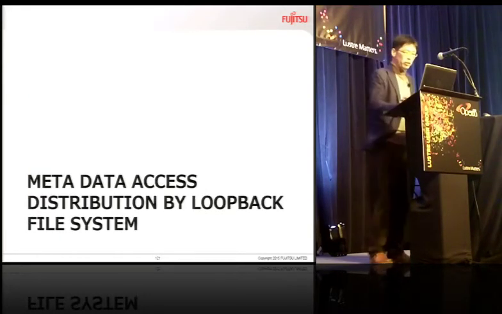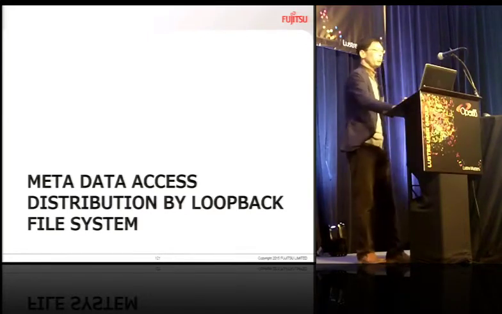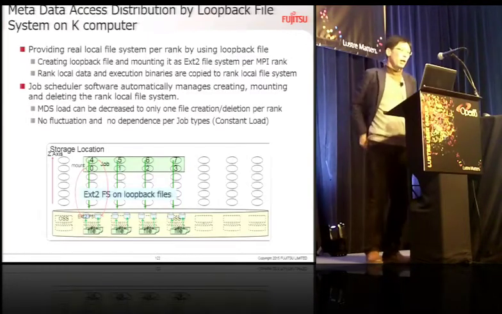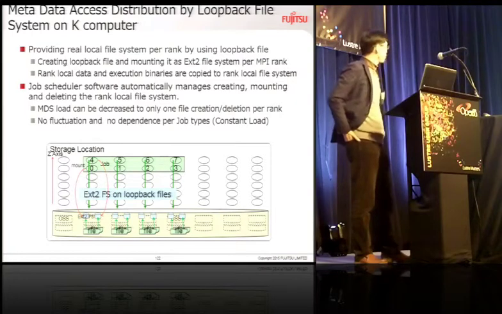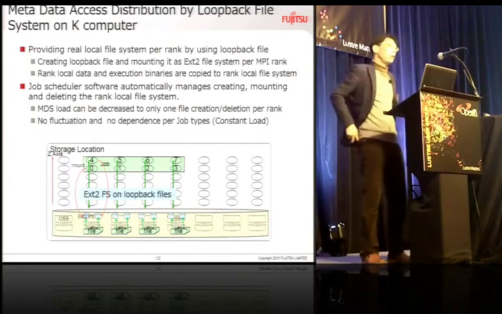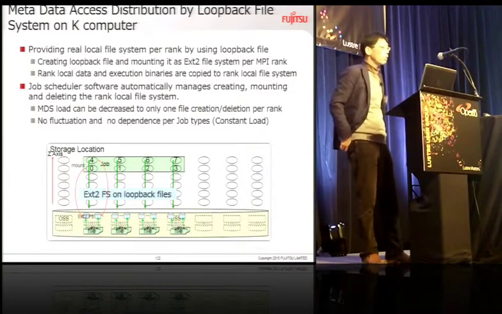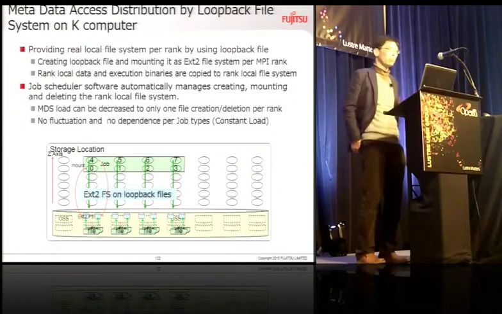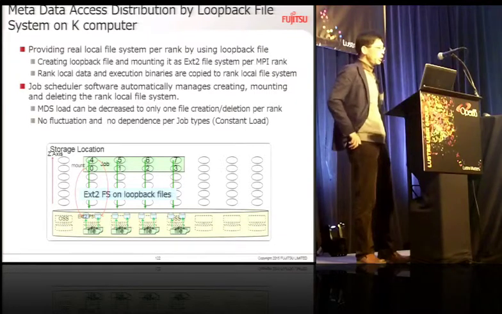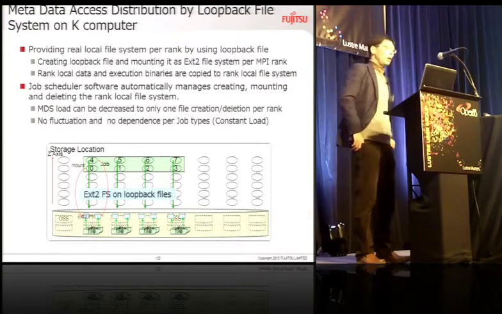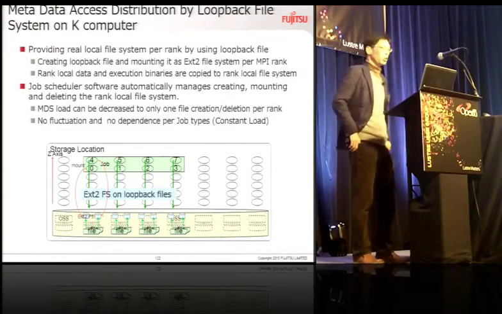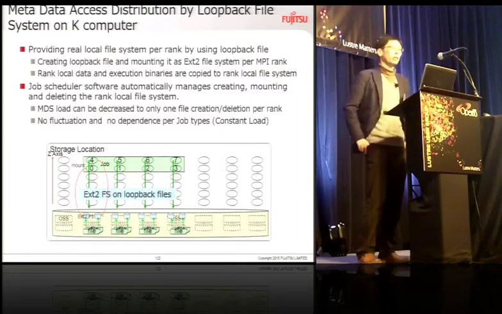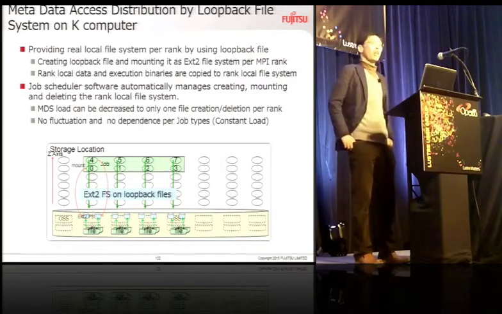And here's our solution, metadata access diffusion by the loopback file system. This is providing a real local file system per rank by using the loopback file system. We create a loopback file, run mkfs for ext2, and mount it as an ext2 file system per MPI rank.